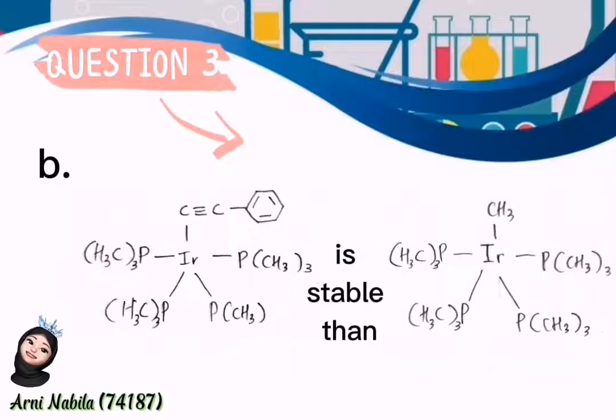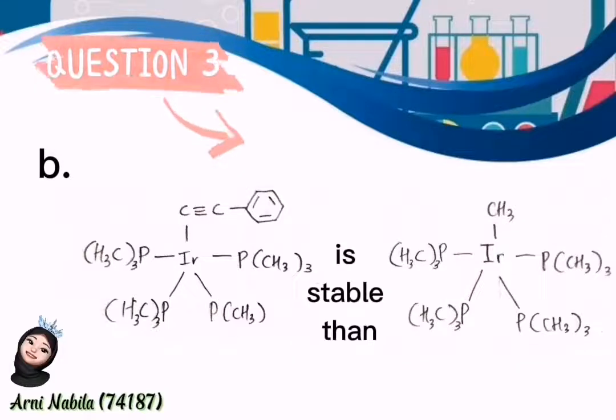For question 3b, the oxidation number of iridium in both of the complexes is 1+, and they have 18 electrons. Both of the structures' geometry is square bipyramidal.